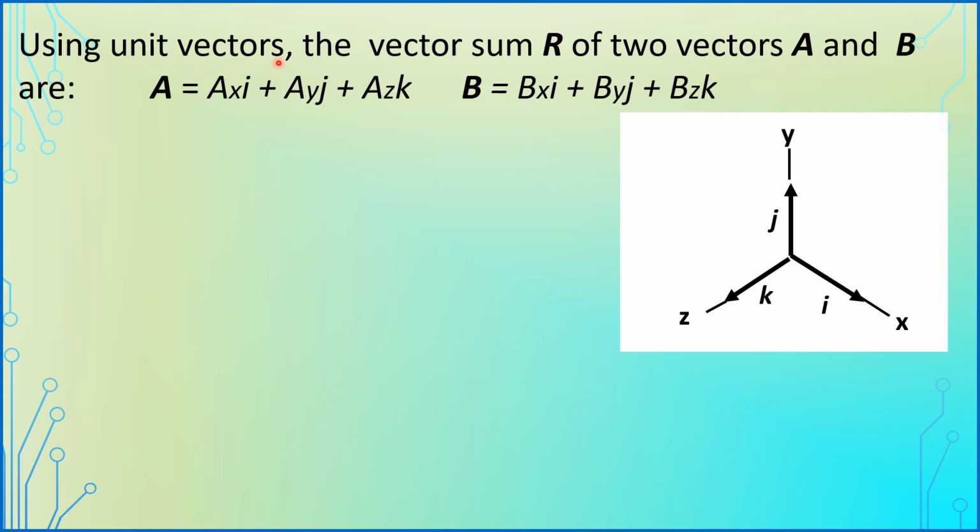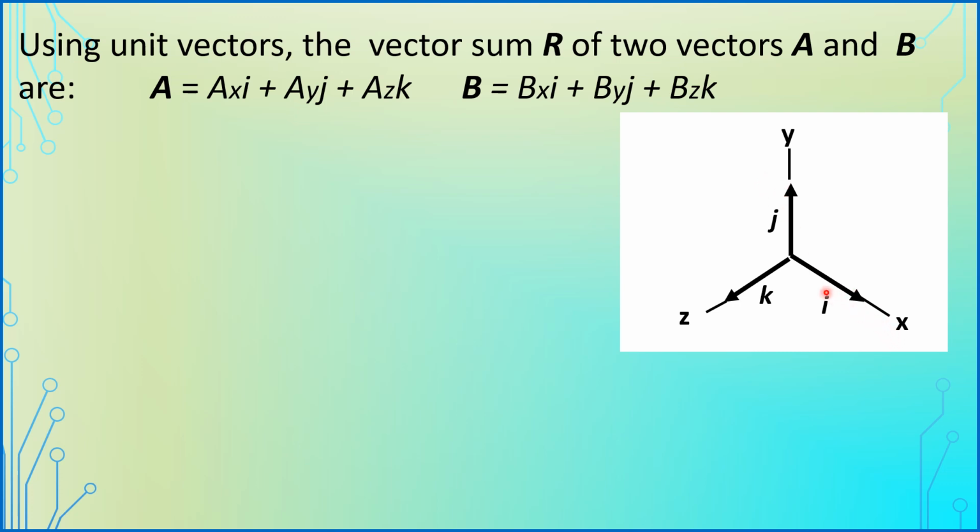Using unit vectors, the vector sum capital R of two vectors, vector A and vector B, can be expressed in terms of the unit vectors i, j, k. Supposing vector A is equal to axi plus ayj plus azk, while vector B is expressed as bxi plus byj plus bzk, as shown in these three-dimensional coordinates.